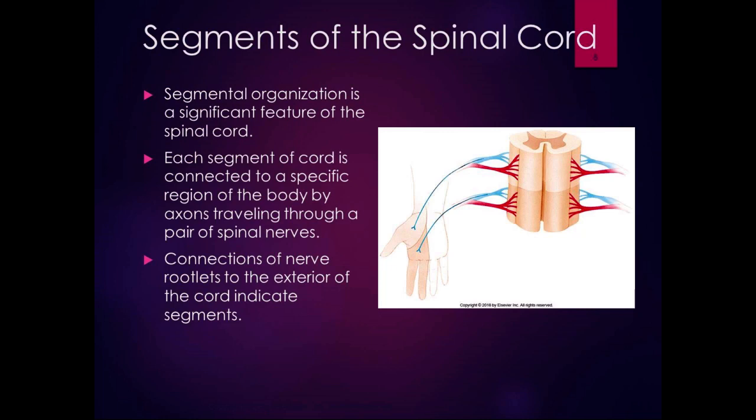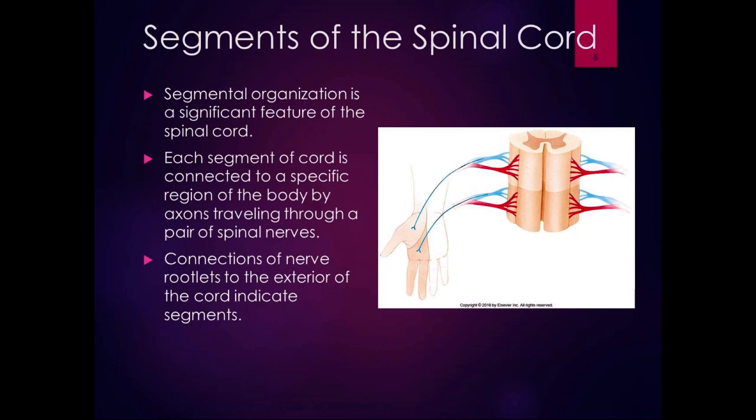The segments are identified by the same designation as the spinal nerves. So when we talk about the L4 spinal segment, it refers to the section of the cord whose spinal nerve goes through the L4 intervertebral foramen between L4 and L5.